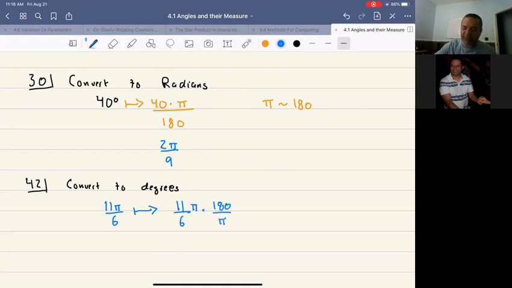But that effectively comes out to just replacing the pi by 180. And 180 divided by 6 is 30, so that's 330 degrees. And I'm going to have a little degree mark there. Okay.